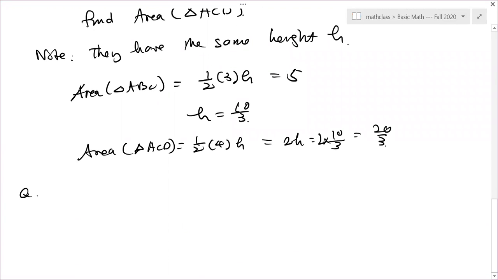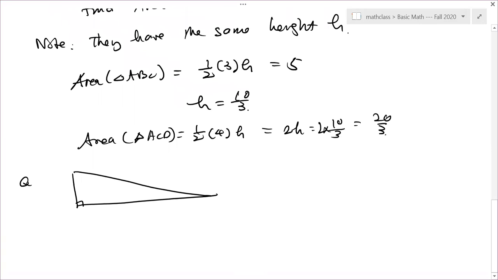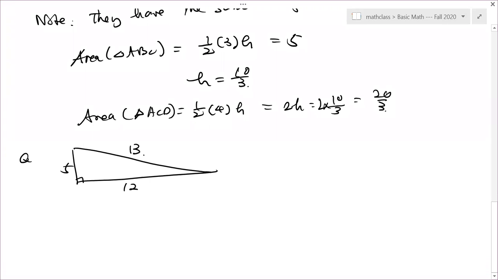All right, now let's look at another special triangle. It's a right triangle. If this side is 5, this side is 12, and this side is 13, and I tell you this is a right triangle, and this is 13 squared.